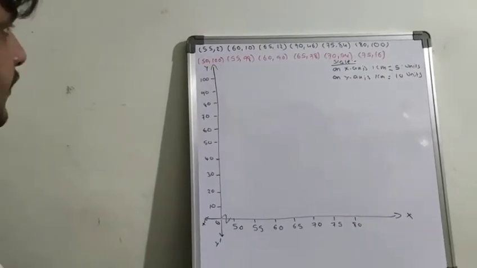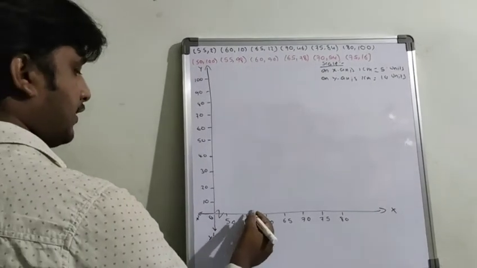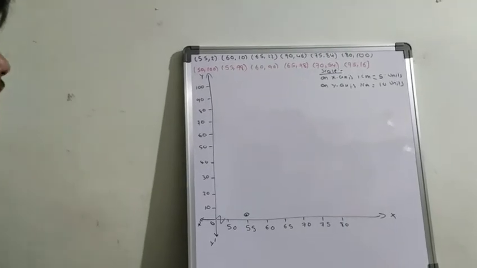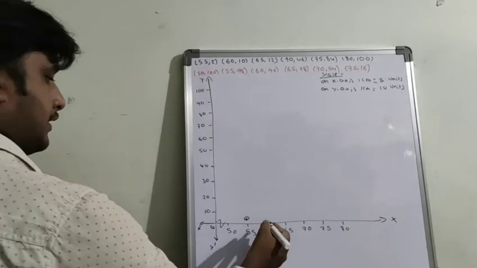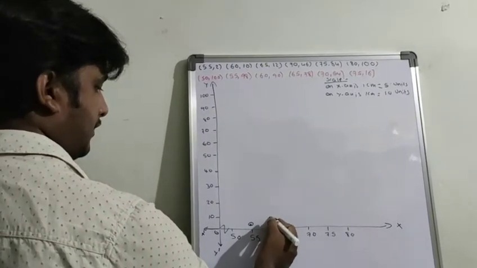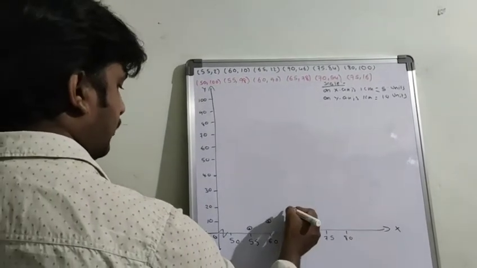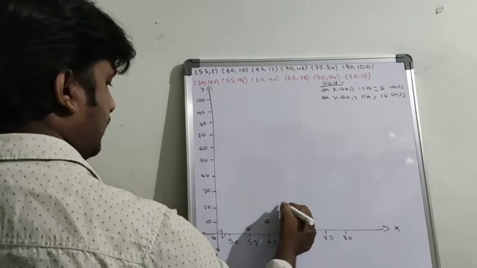So 55 comma 2. 55 here, 2 small lines. This is 55. Next 60 comma 10. 60 here, 10 here. Next 65 comma 22. 65 here, after 20, two more small lines.